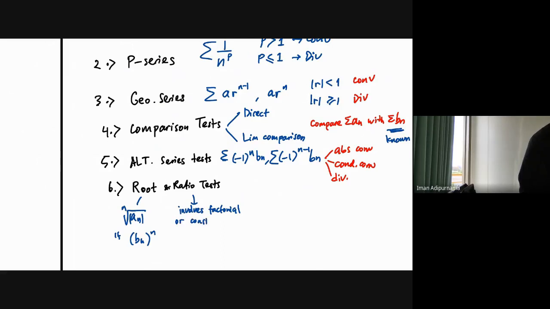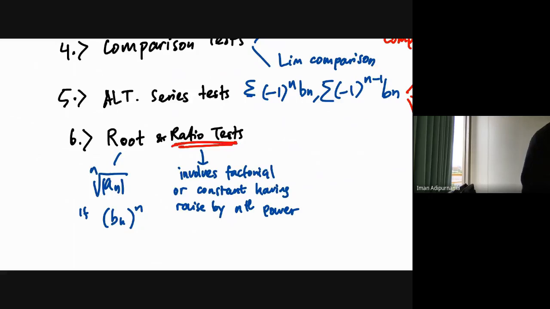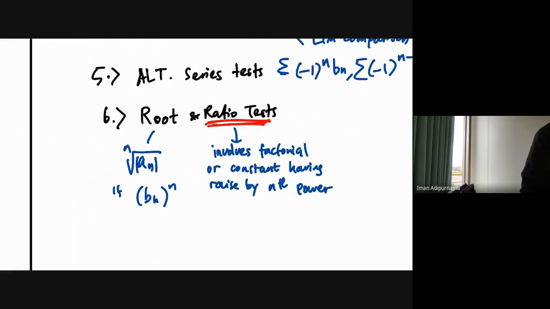Or a constant raised to the n power. Usually, okay. But my suggestion, the ratio test can be really helpful, but sometimes it can be quite long in the process. So you also need to choose wisely which method you use.